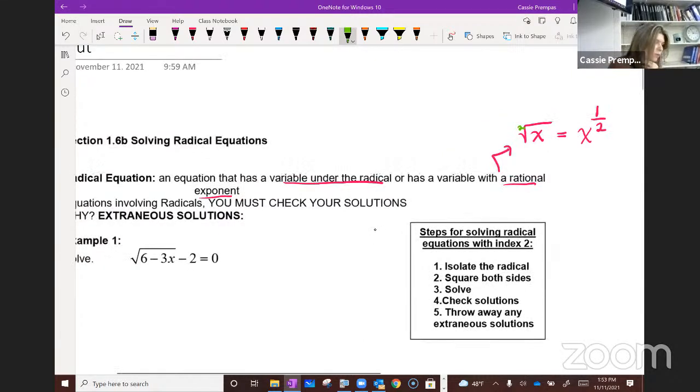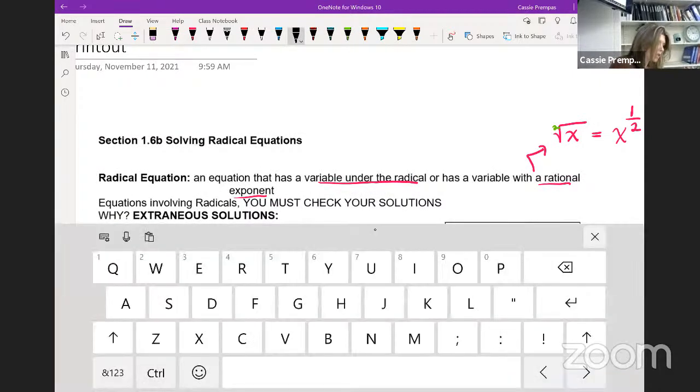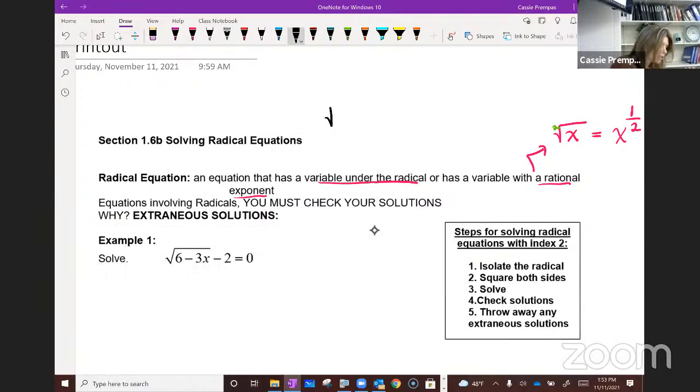Another thing to keep in mind, we learned this way back in chapter P, and it's going to be important for today. If I ask you what is the square root of 4? 2. 2 is the correct answer. Notice you didn't say -2. That's because this radical is understood to be the principal root, and the principal root is always asking for the positive solution.